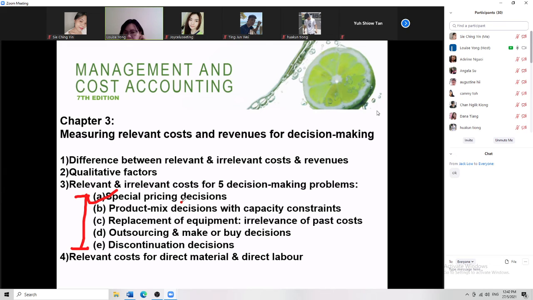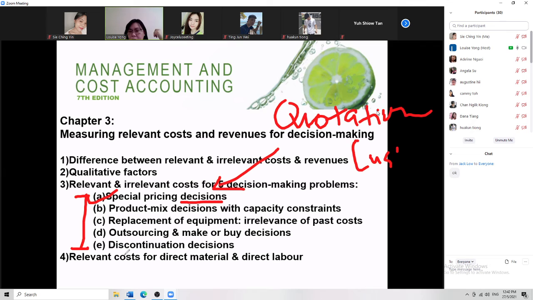Okay, special pricing decisions. Special pricing means that sometimes you will receive a quotation from your customer. Sometimes you will receive a special order from a customer. It's not every day, it's a special order. Then they will ask you to set a price.